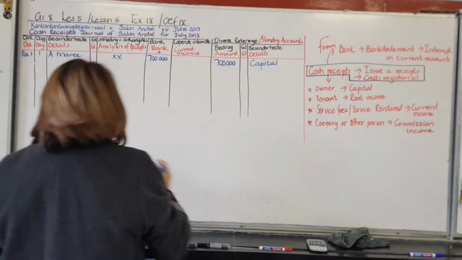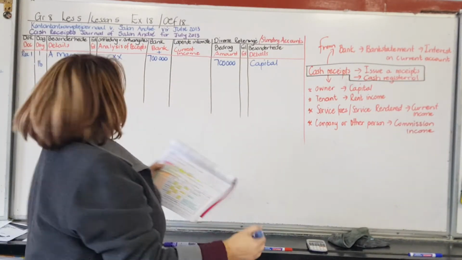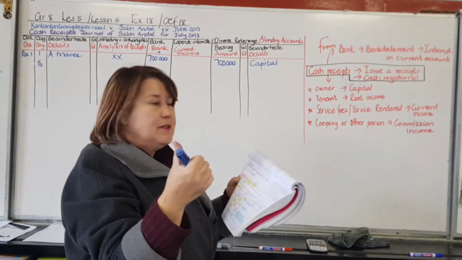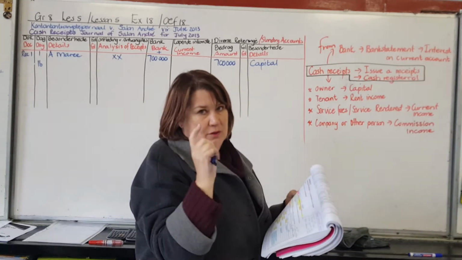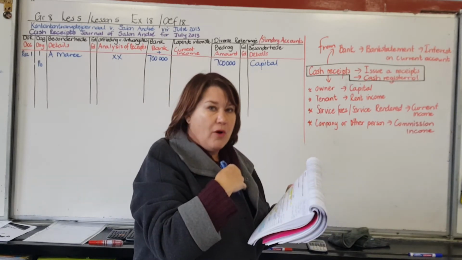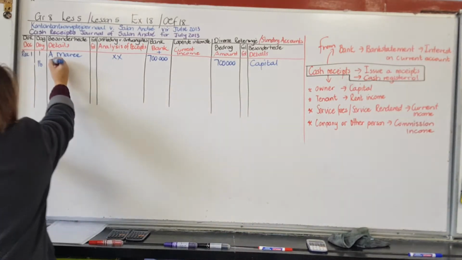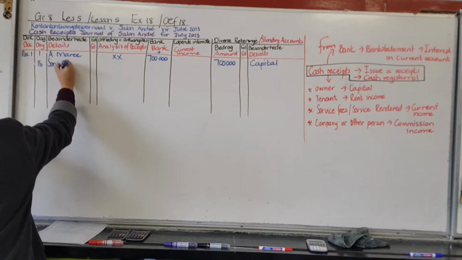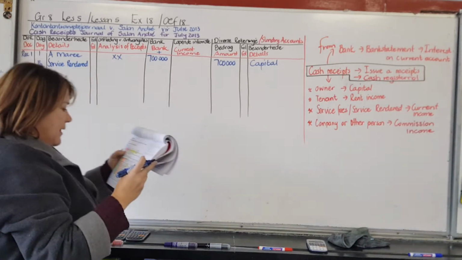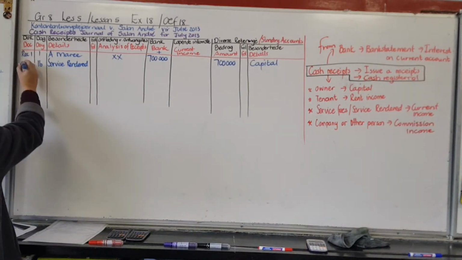Then on the 16th, they said cash received. Can you see we have received money? So we're going to issue a receipt or a cash register slip to the client. We are keeping a cash register roll in our books. So we've cash received for service rendered. So I'll write just service rendered, and the amount according to the cash register roll number 1.